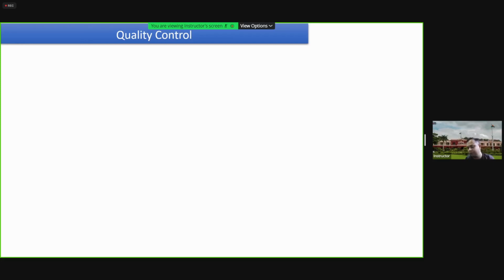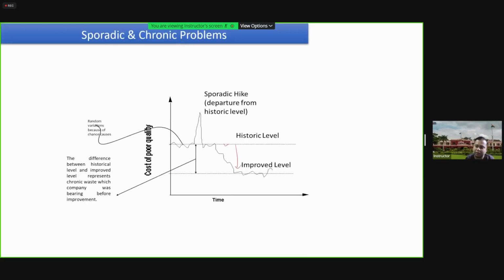The focus of quality control is that if there is a deviation from the historic level, the first thing is to eliminate these sporadic problems and restore our historic level. That is the prime objective of quality control. And then after we have controlled the process, we try to do improvement.